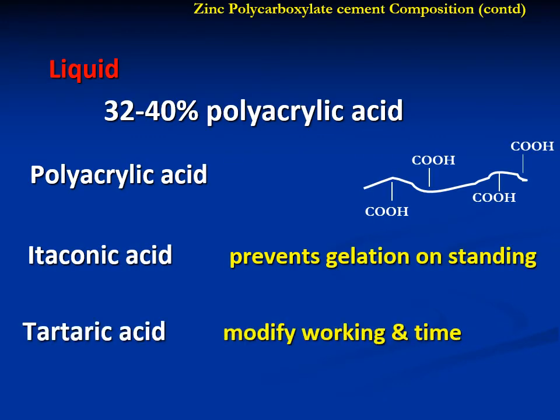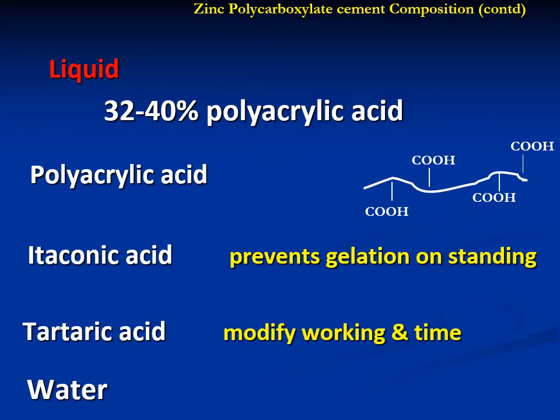The liquid composition is about 32 to 40% polyacrylic acid. This means that water is added to the polyacrylic acid, as it is a water-based cement. The polyacrylic acid is a polymer chain. This is the backbone or the polymer chain, with carboxyl groups pendant or suspended from it. And this is the main reactant with the powder.